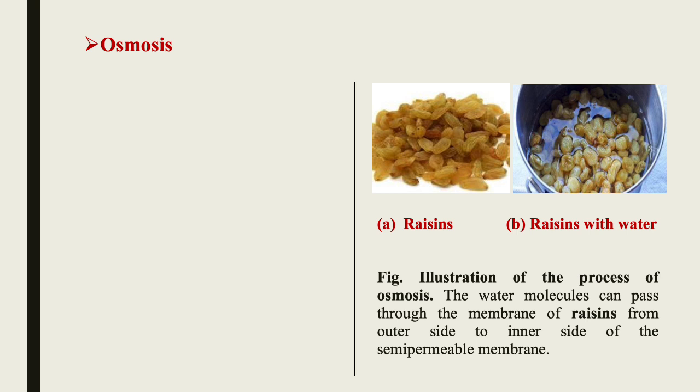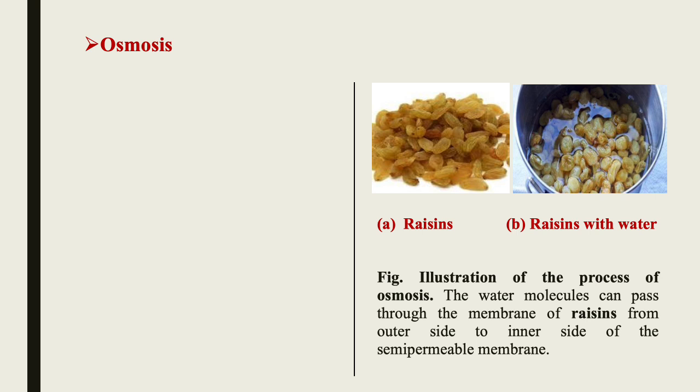If you keep these raisins in water or a solution, they will start to swell, and you will get a bigger size compared to the dried one. This indicates that your solvent, here water, has passed through the raisin's semi-permeable membrane, and that is why the water goes inside the raisin and it starts swelling.